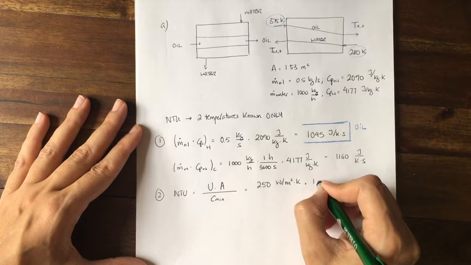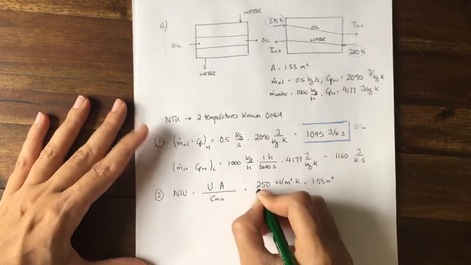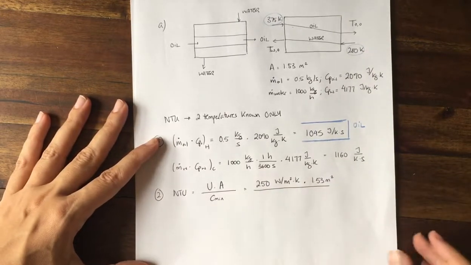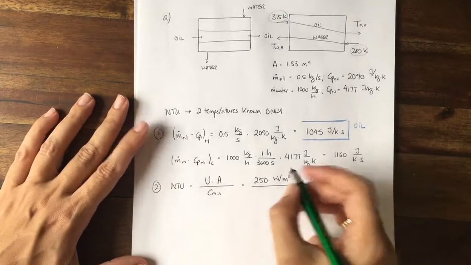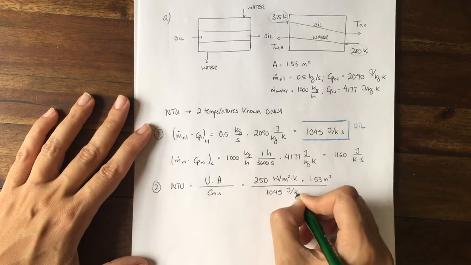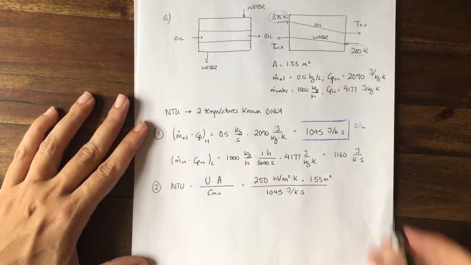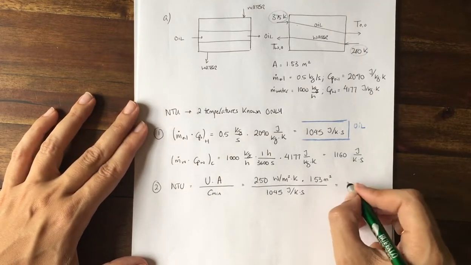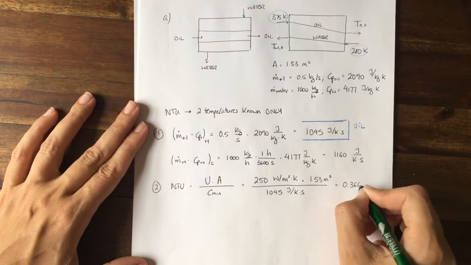The area is 1.53 square meter, and the minimum capacity is 1045 joule per Kelvin per second. So the NTU is equal to 0.366.